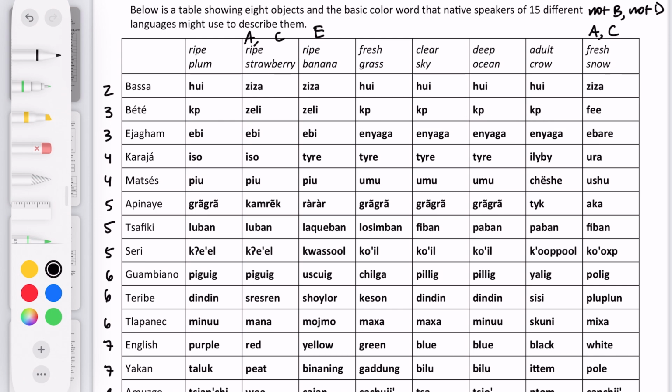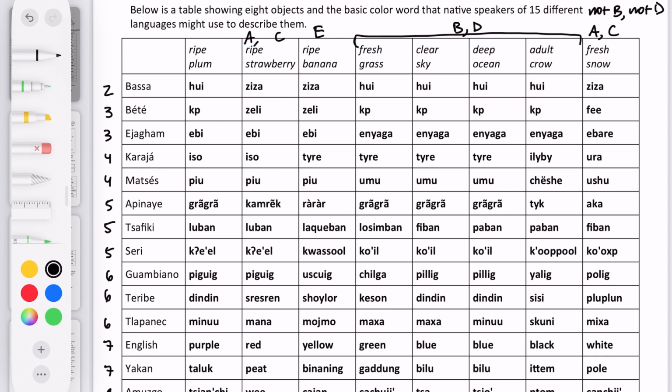So we can conclude that one of these columns is going to be B. And then since we know that at only 3 color terms, the same word is going to be used for B and D, then since these 4 columns are the only ones where the B column would match up with a word exactly like it, since all of them are KP and Yaga, and so on, then column D also has to be within these 4.